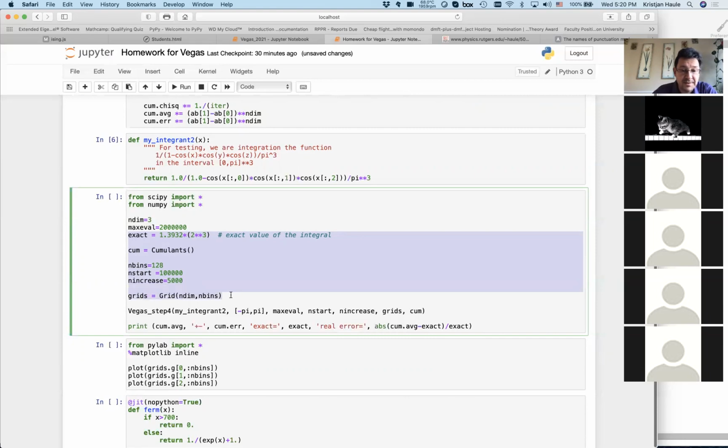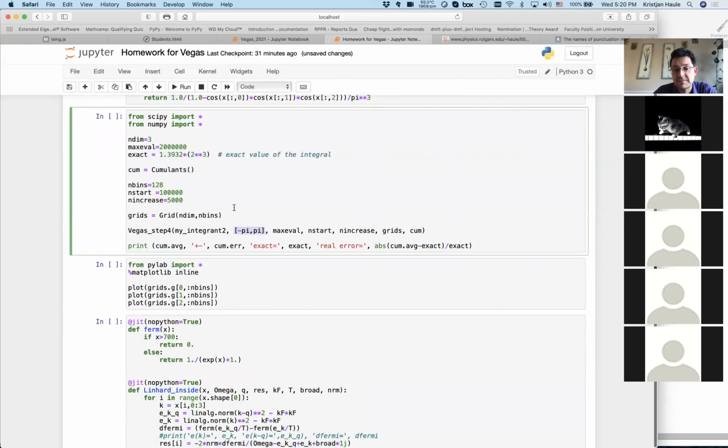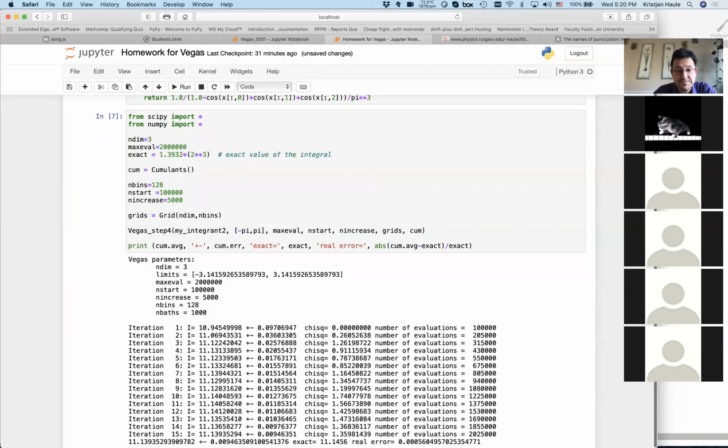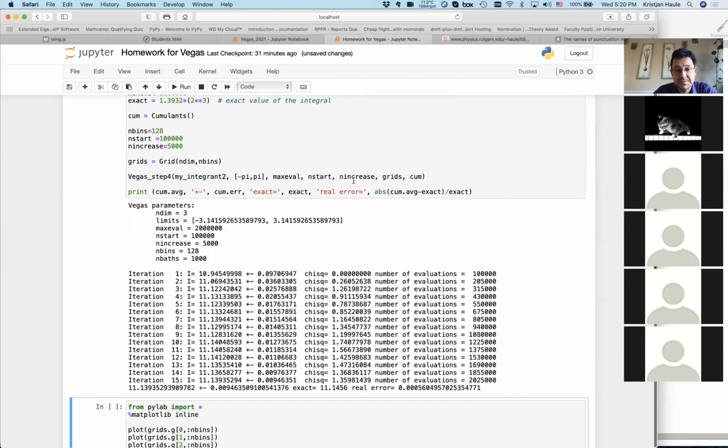The grid is initialized here, and then we do this. We call Vegas, but now with the limit from minus pi to pi. So this is crucial. We change here not from 0 to pi, but from minus pi to pi, and then we print out the result. So let's see. Yeah, so the function evaluation is very quick.